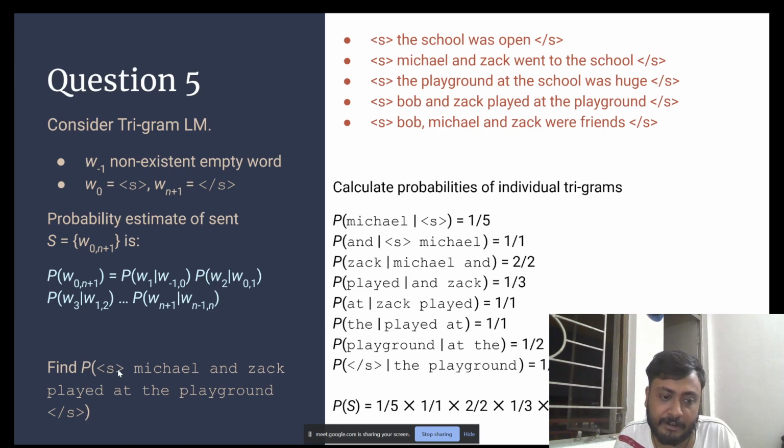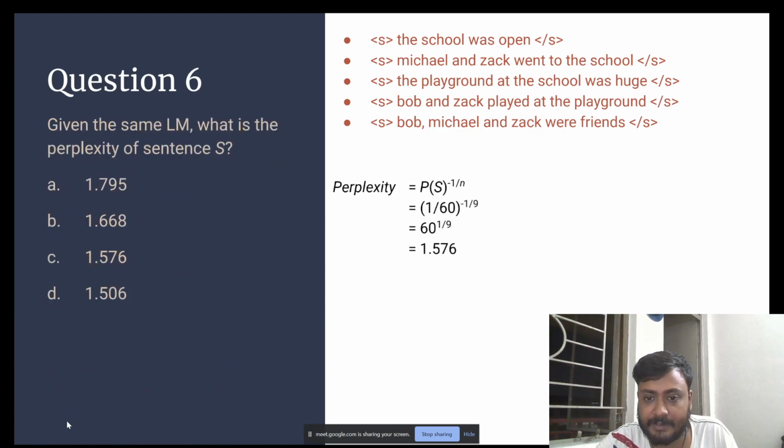So that will include begin sentence and end sentence. Given that you are including them, you will have a total of 9 words, and thus this is the value. So 1 by 60 to the power of 1 by 9, which finally gives this value, 1.576.